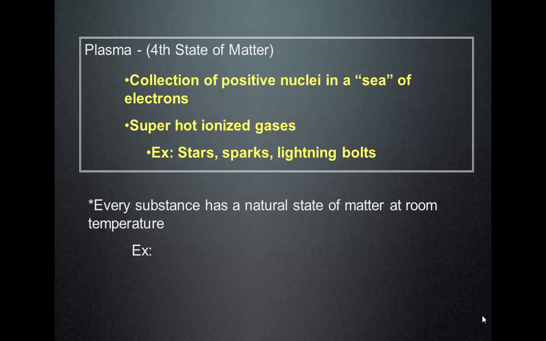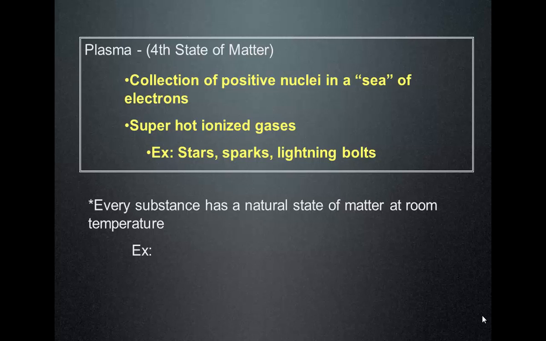And what that means is the atoms of the element, the electrons have been sort of stripped off and separated from the actual atoms. And so what you're left with is a bunch of nuclei surrounded by a bunch of sort of randomly placed electrons. Often, plasma comes from a super hot ionized gas.